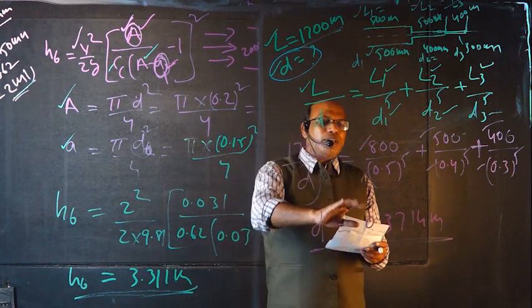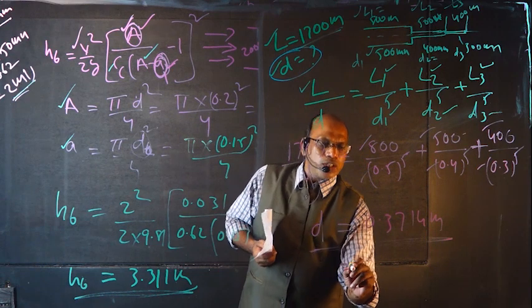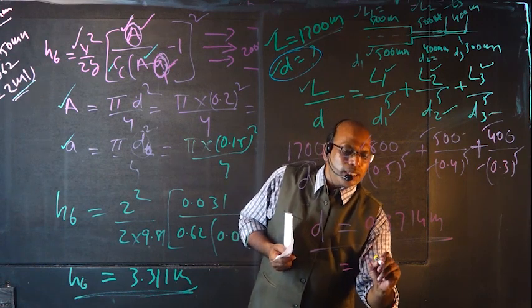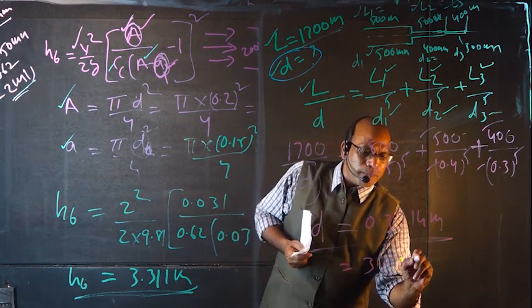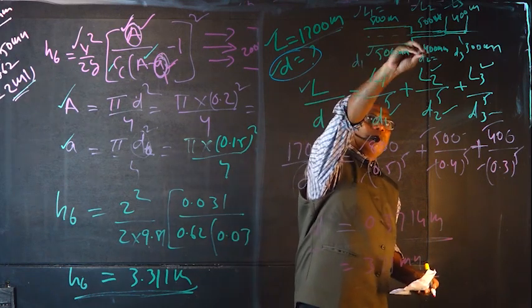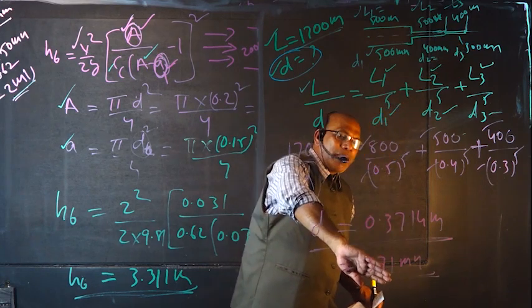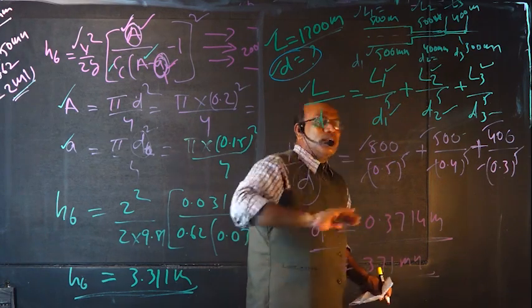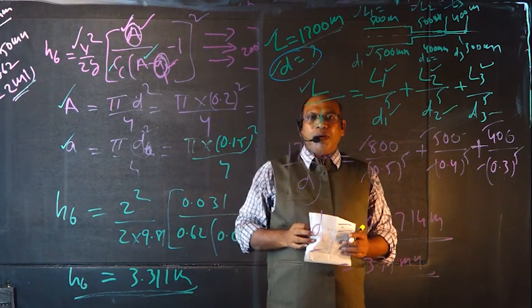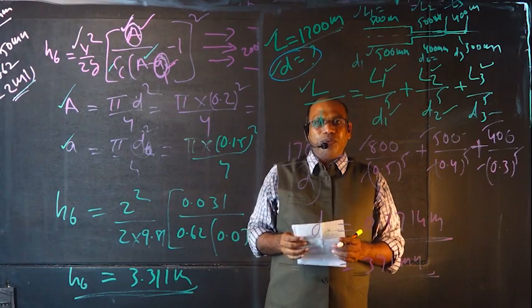Converting into mm, that is equal to 371 mm. So here one pipe is 500 mm, another pipe 400 mm, another pipe 300 mm. The equivalent pipe diameter is equal to 371 mm. Right? This is the problem related to pipes connected in series. Thank you, thank you one and all.